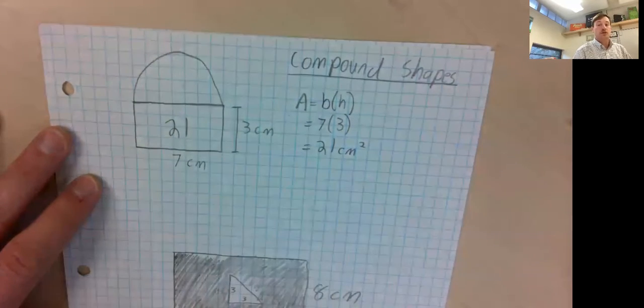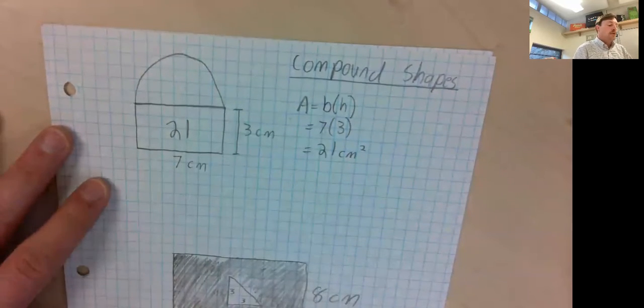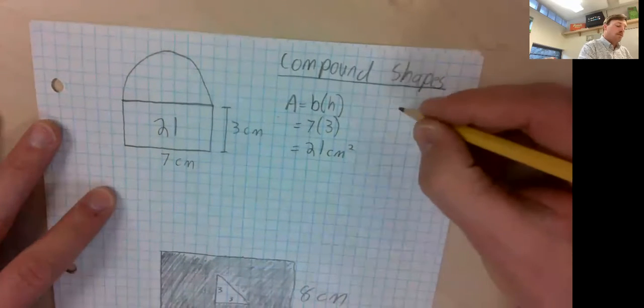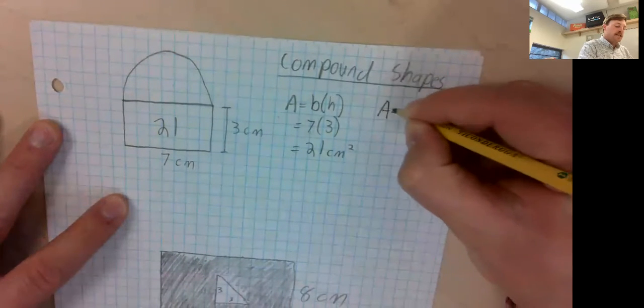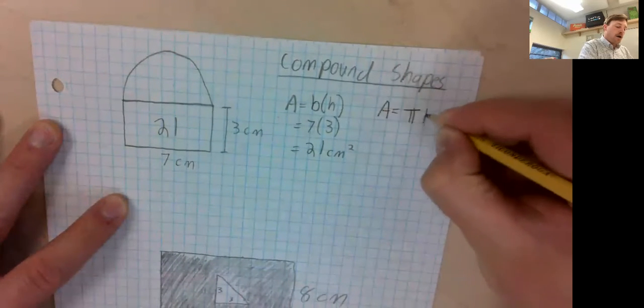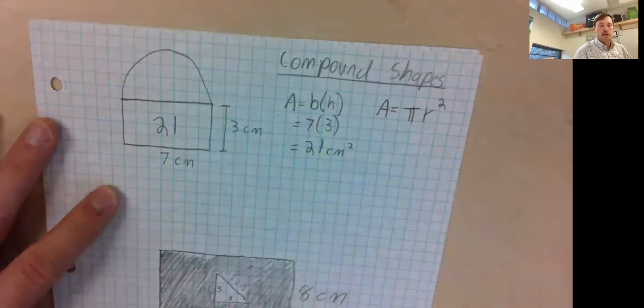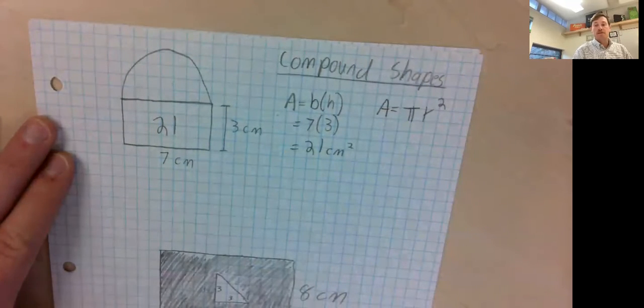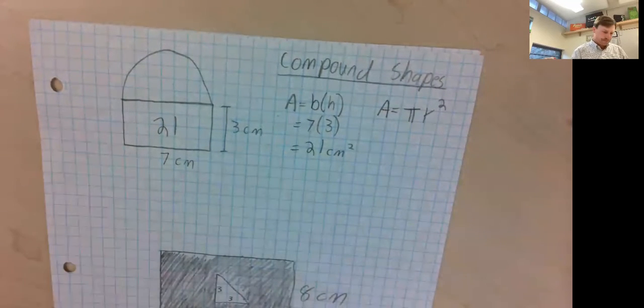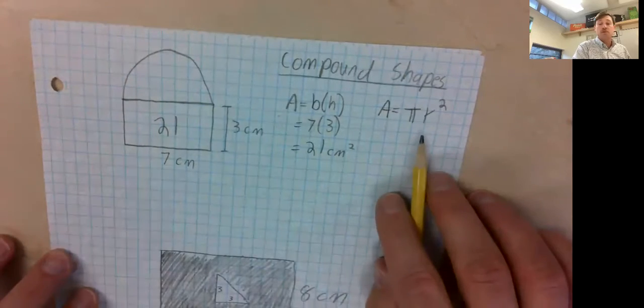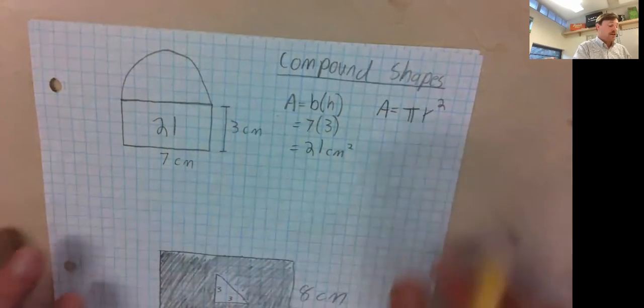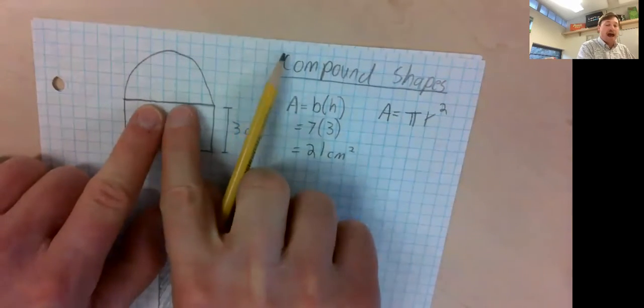Now let's think about the circle. We want to find the area of this circle. And we know that to find the area of a circle, it's pi r squared. Now there's a couple tricky things that we've got to do here. First, we need to find the radius. Remember, the radius is half of the diameter.